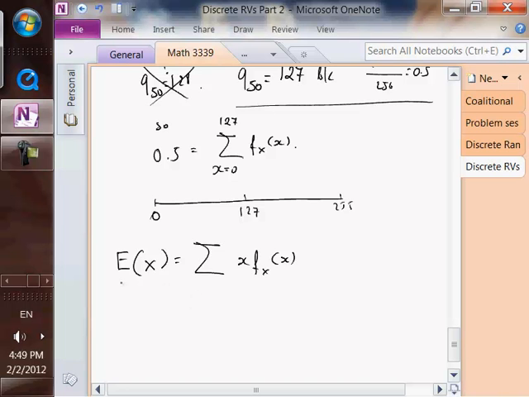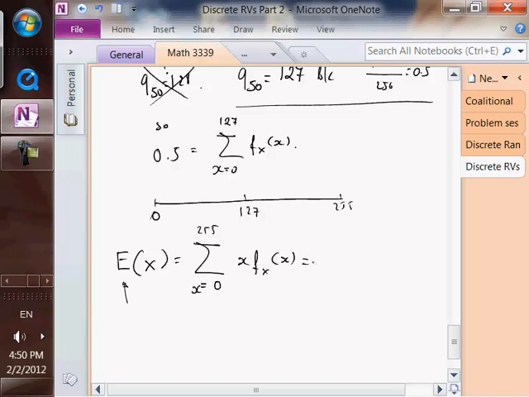What have we said when we calculate the mean or any moment, the second moment, the third moment, and so forth? What do we do when we have this E here, expectation? We sum over all possible values of the random variable. So what is the range of the summation? X will go from 0 to 255.